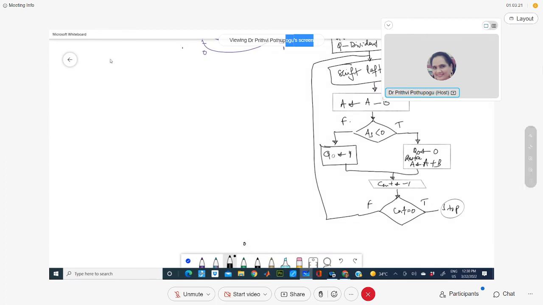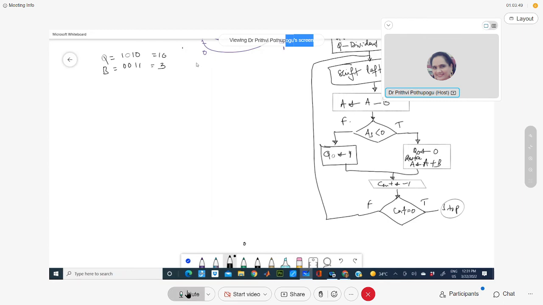So I'll take one example now. Say Q is 1010. What is this value? 10. Next, I take, say B is 1100, which means 3.